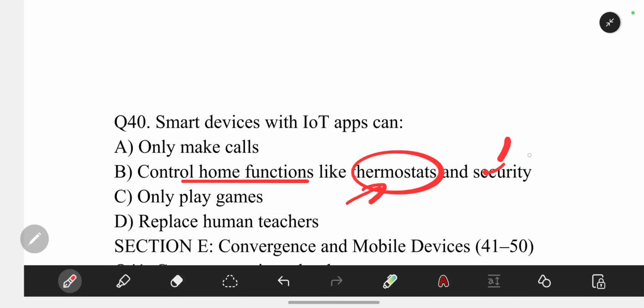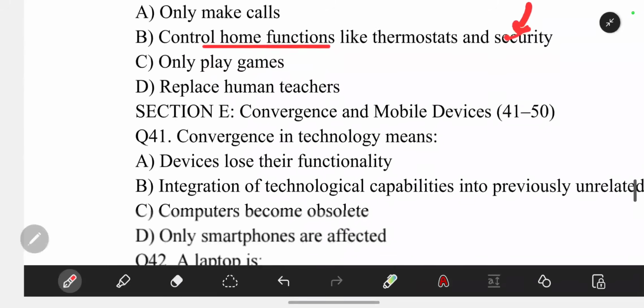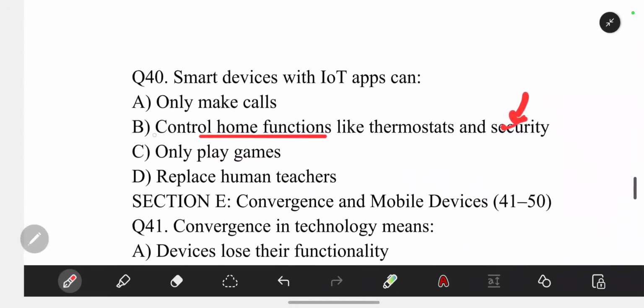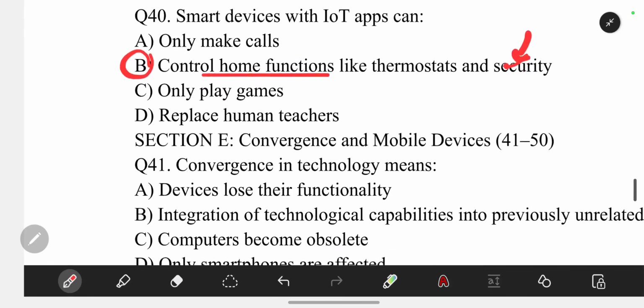And also in security, for example, if you're very tired, then it's 22 hours. The door can automatically lock itself if you have connected IoT chips or processors to that. Then that's our answer 41.